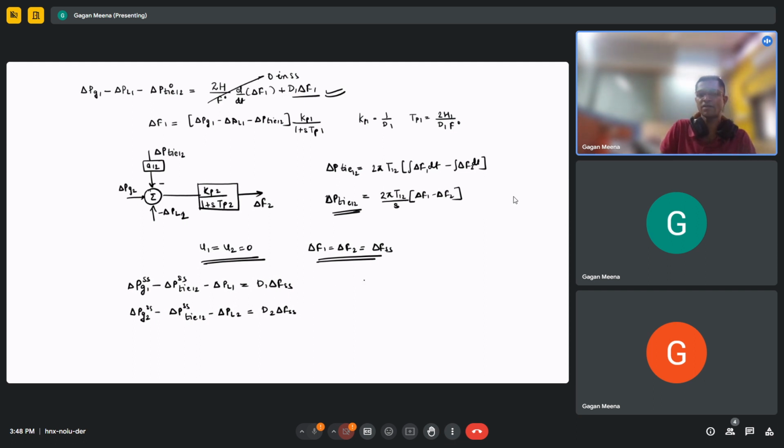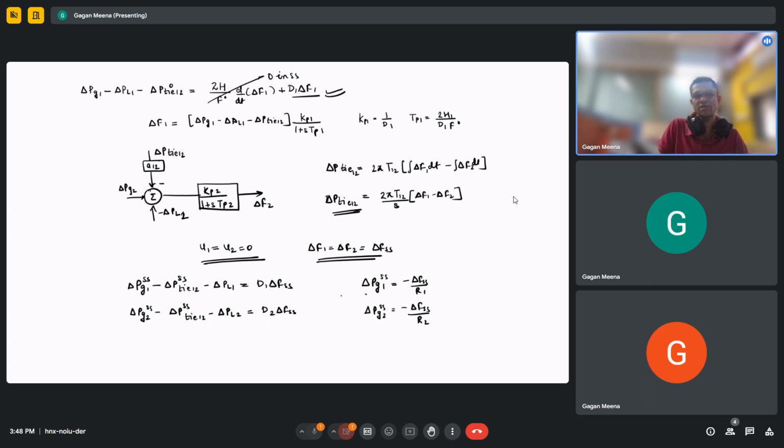And from the isolated system, we already know that delta Pg1 SS is equal to minus delta F SS divided by R1, and for the second area it will be minus delta F SS divided by R2.